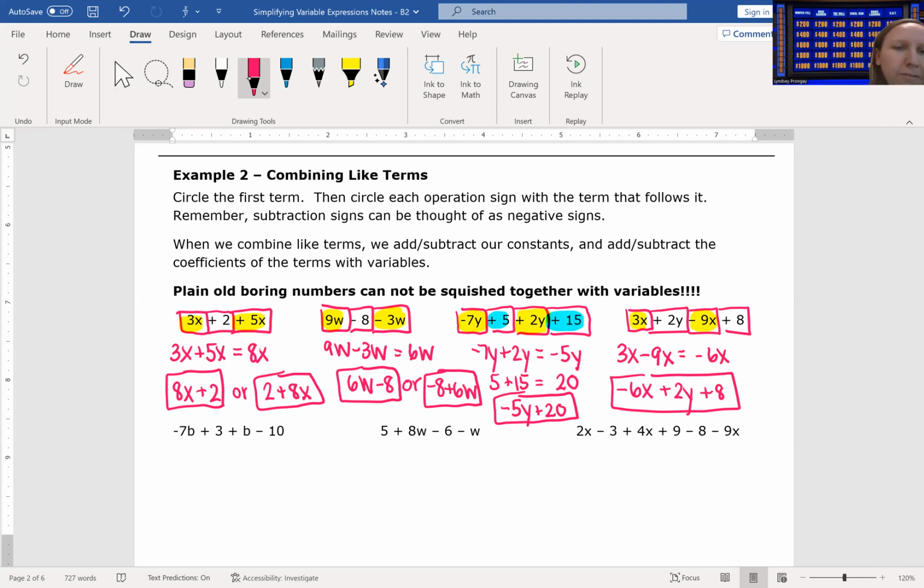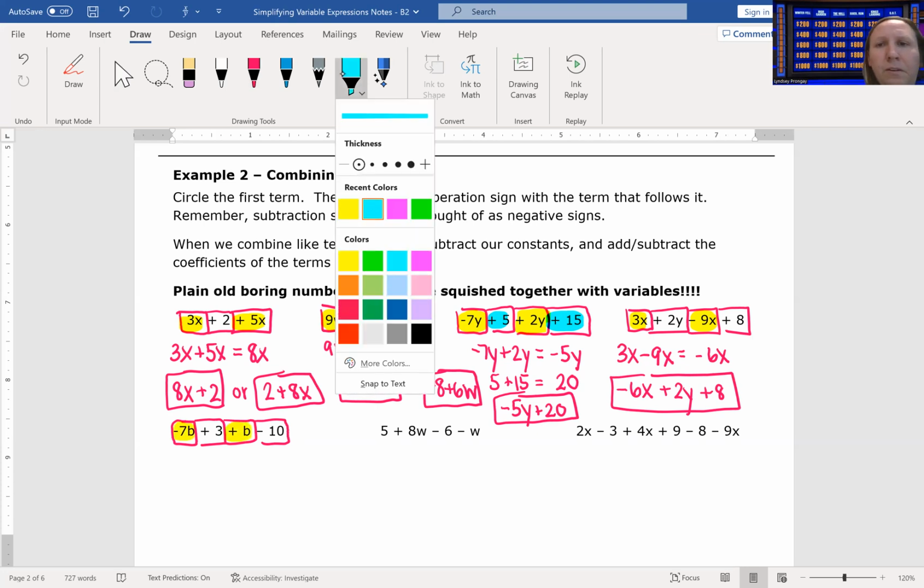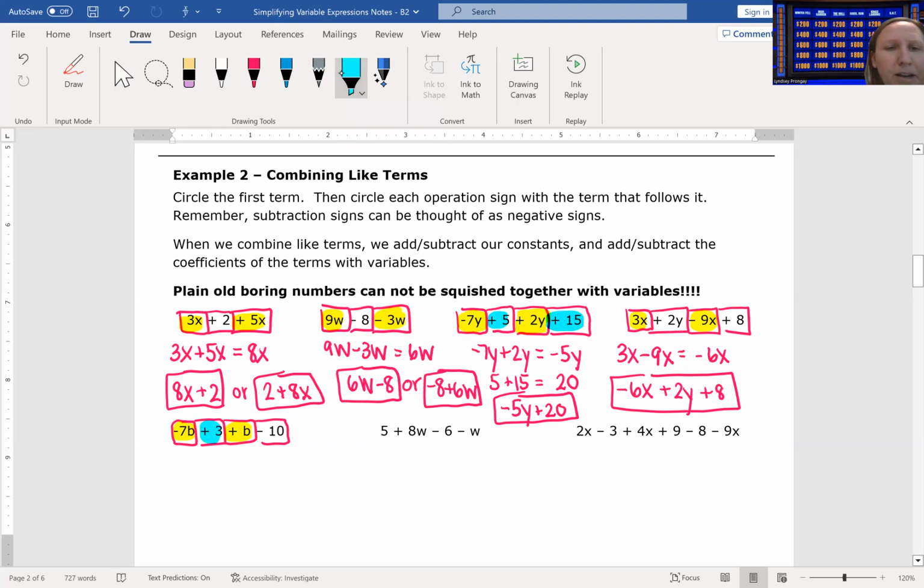Down to the bottom row, we have negative 7b plus 3 plus b and minus 10. So I have my negative 7b and my plus b. And then I have my positive 3 and my minus 10. And so I'm going to put my b's together first. So we have negative 7b plus b.